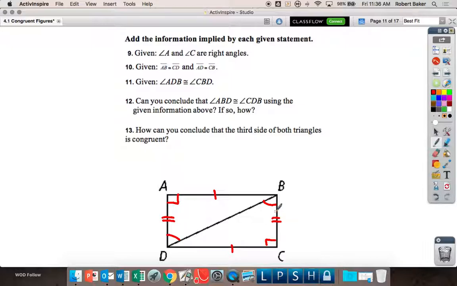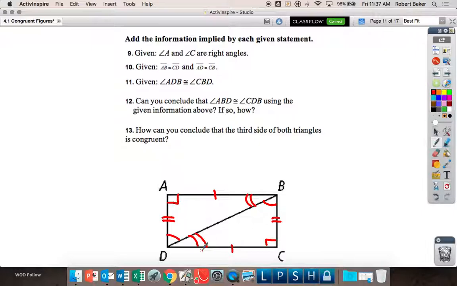Not directly given, but can you deduce the remainder of the information that you need? Yes. So you have to be able to somehow prove, is this angle the same as this angle? Those alternate. Is this angle the same as this angle? Third. Yes, the third angle theorem. Cool. We have 2 pairs of congruent sides.